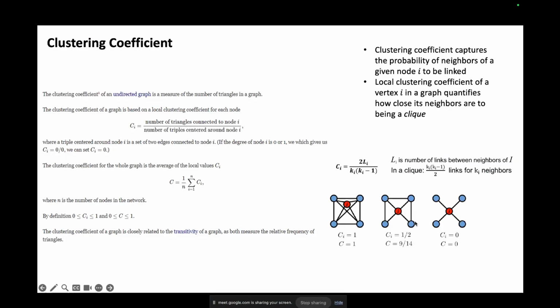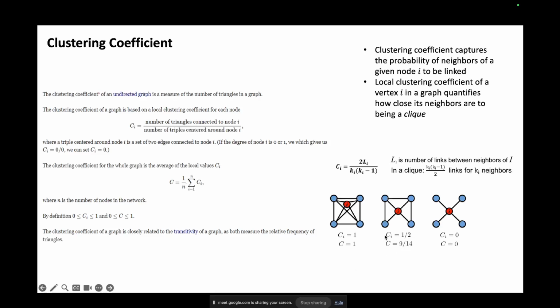So on the left is a fully connected graph. In this case, your clustering coefficient for the particular node and the whole graph itself will be the highest, which is equal to 1. By definition, your clustering coefficient should vary between 0 and 1, with the highest being 1, which means the node is fully connected. There are no more connections left.